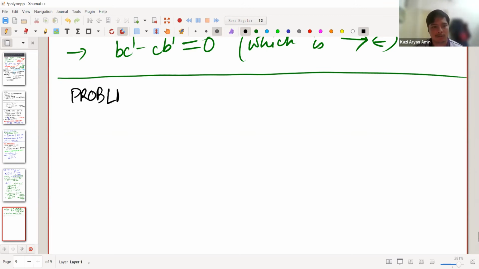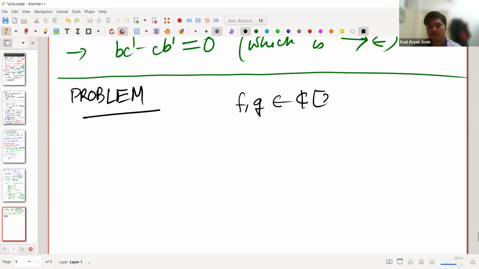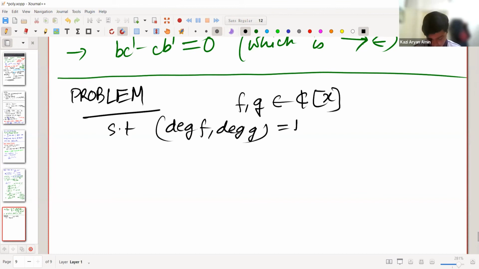Okay, yeah, so this is the problem. Suppose f and g are polynomials with complex coefficients such that degree f and degree g have GCD of 1.